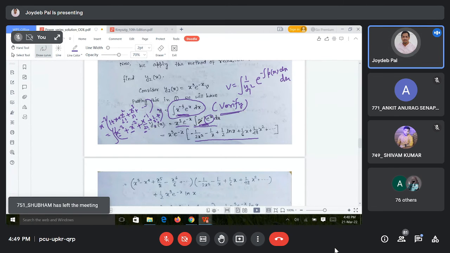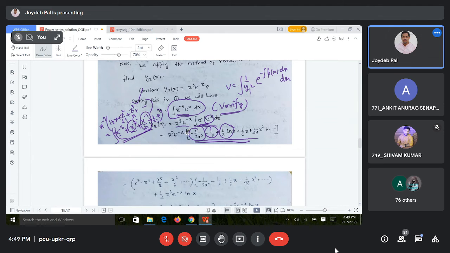Are you getting how I have written this last form, this form? x to the power -3 into e to the power x, ये e to the power x को एक्सपांड किया है, जैसे x to the power -3 से मल्टीप्लाई किया है, then integrated. तो जो यहाँ पे मैंने लिखा, देखो x to the power -3 का इंटीग्रेशन यही होगा ना. x to the power -2 का इंटीग्रेशन this, x to the power -1 का इंटीग्रेशन this, right?